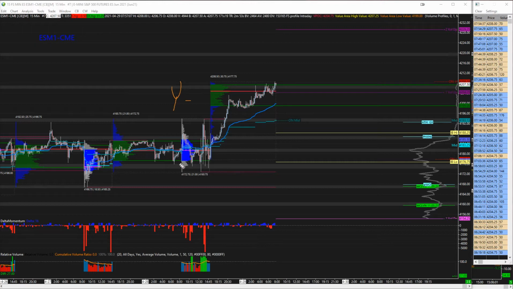Tested lower down to 76, which is this one here. So we opened, tested lower, found buyers, and continued higher, which was my scenario 1.